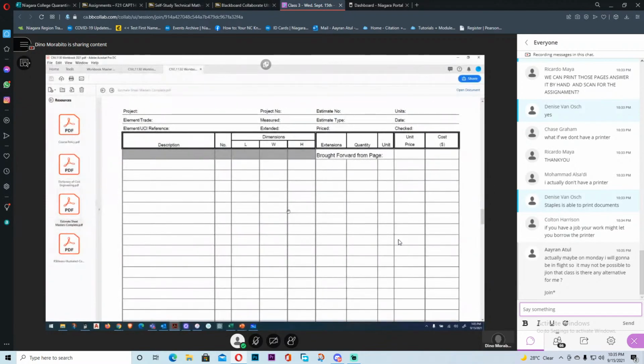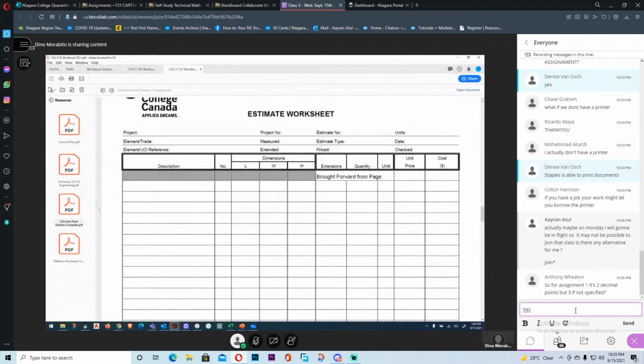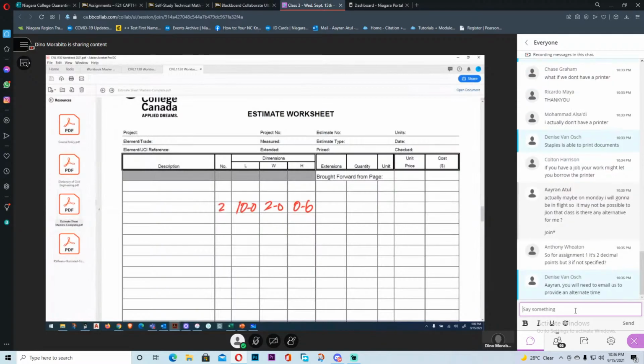What's nice about this page is that it's already set up for things like if I was doing a volume calculation, I could be using this page to say 10 feet times 2 feet times 0 foot 6 inches, and there are 2 of them. Well, what's 10 times 2?